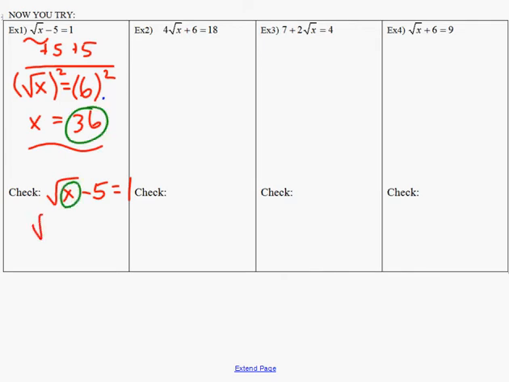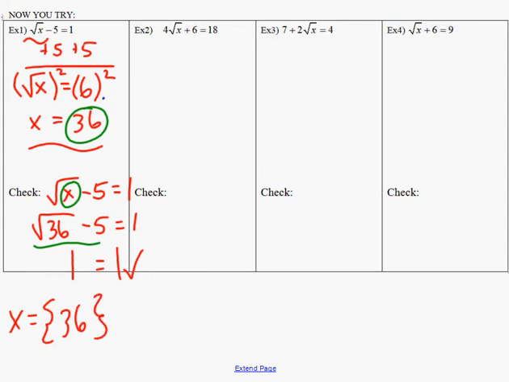So we'll have the square root of 36 minus 5 equals 1. And if we put the square root of 36 minus 5 into our calculator, we're going to end up with 1. And as we see on the other side, we also have 1 there. That means that this checks, and the true solution to this equation is 36.